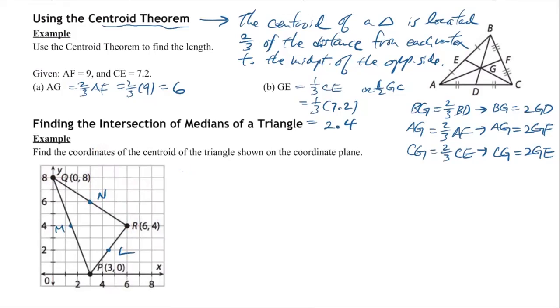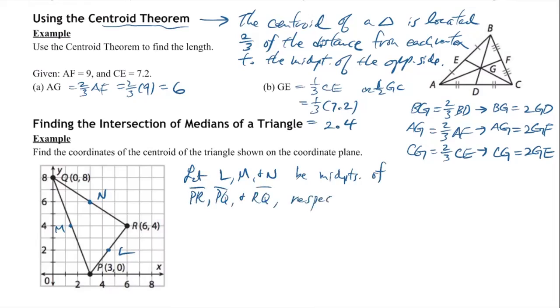So let L, M, and N be midpoints of segments. Oopsie. You don't need to use the word segments. L is the midpoint of PR, and M is PQ, and N is RQ, respectively. Okay, so you want to communicate with whoever is seeing this.